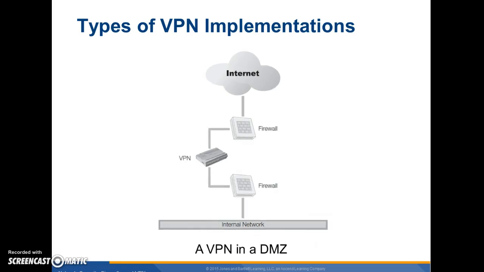Here we see a VPN within a DMZ, protected from the untrustworthy internet by a firewall and then from the internal network by another firewall. This addresses the main shortcomings of the two previous implementations. It features a firewall in front of the VPN to protect it from internet-based attacks, as well as a firewall behind it to protect the internal network.